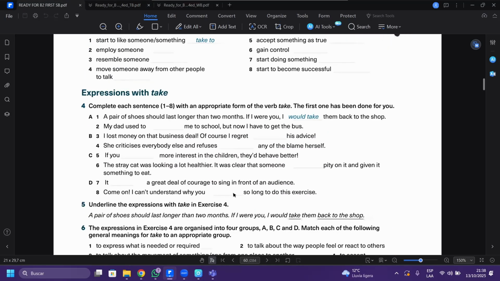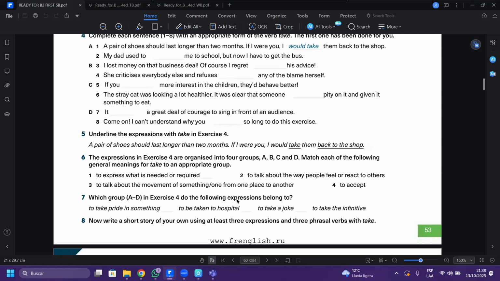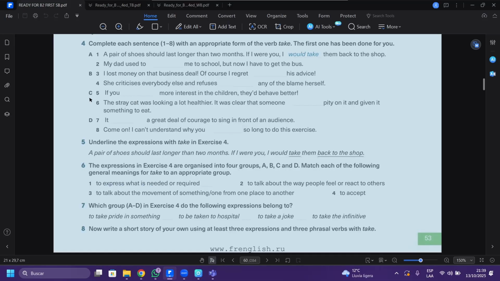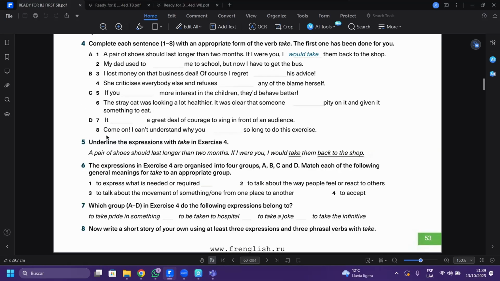So the next exercise that we have to carry out is to match these general meanings to an appropriate group, right? From exercise A to D. For example, in what pair of sentences from A to D do you think the phrasal verbs are used to express what is needed or required?